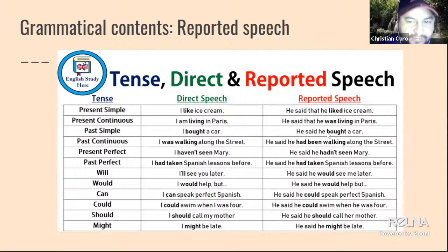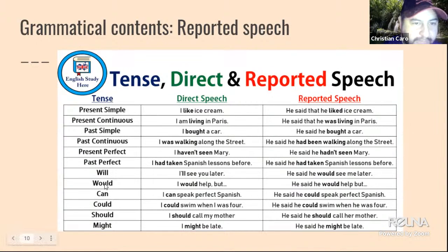The past simple al past perfect. Bueno, aquí no está past perfect, pero es como el salto. Past continuous pasa a ser past perfect continuous. Present perfect, past perfect. Y past perfect se queda en past perfect porque no hay nada más atrás del past perfect, right? El will pasa a ser would, el would pasa a ser would have, pero no está aquí.